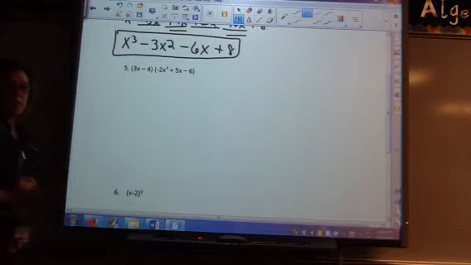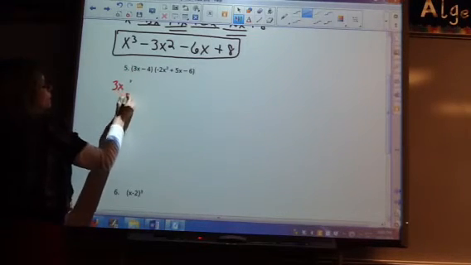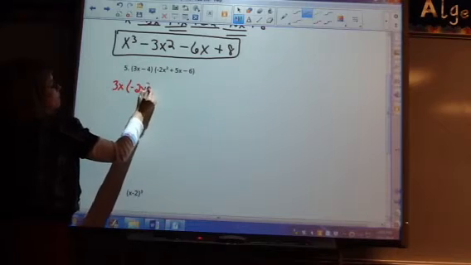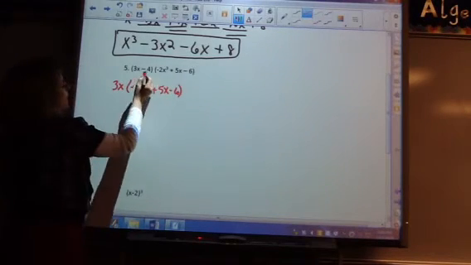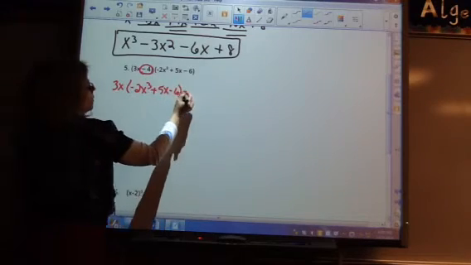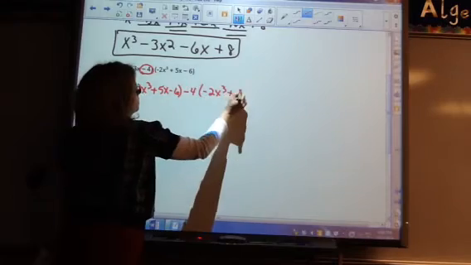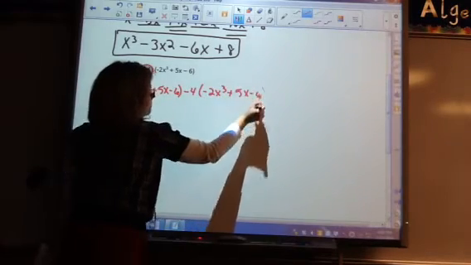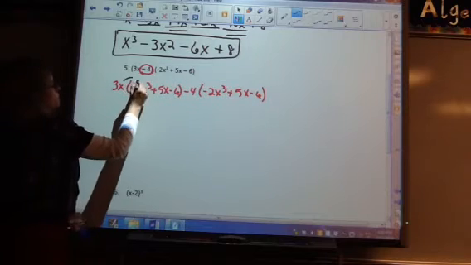Okay, we're going to do the same thing for number 5. We're going to take the 3x and distribute it with this trinomial. And then we're going to take this negative 4 and distribute it with the trinomial. Okay, so let's distribute here.